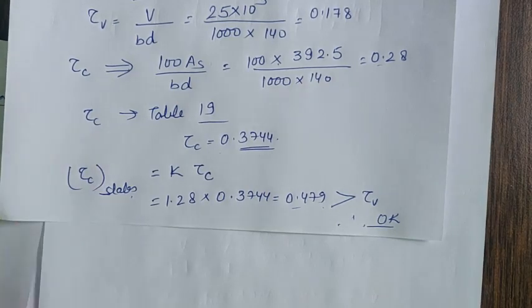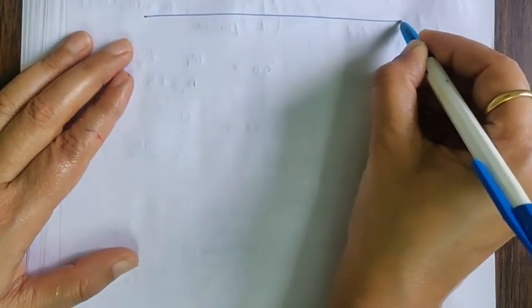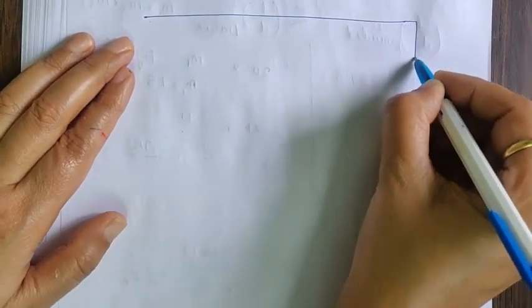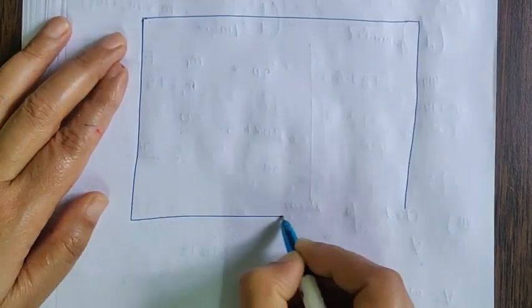Is it okay? So it means the system that we have designed is safe to carry the loads as it is given. Okay. Now, how to draw the reinforcement detailing? This is a very important thing. Now let us say we have this as our slab.